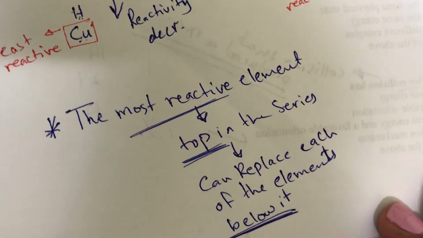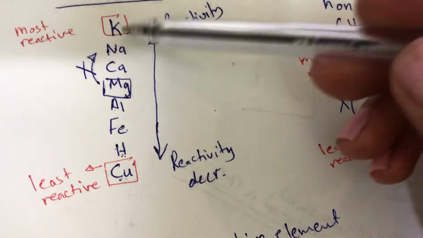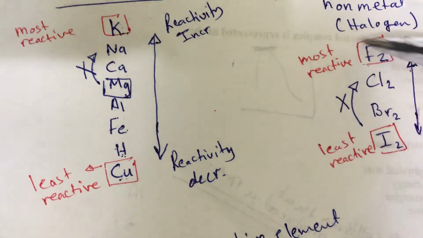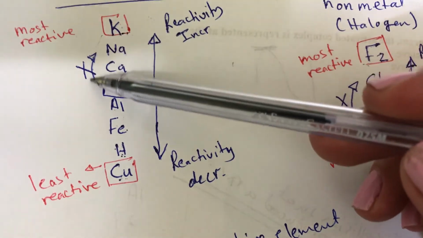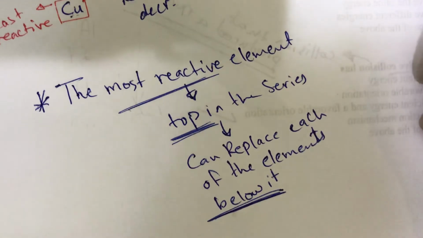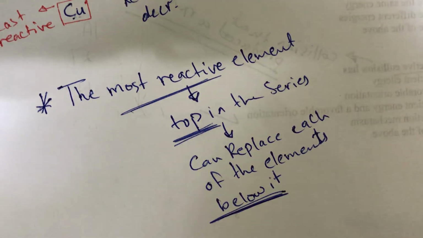So again, the most reactive element at the top of the series can replace all elements below it, and not the reverse. It can't replace any element above it.